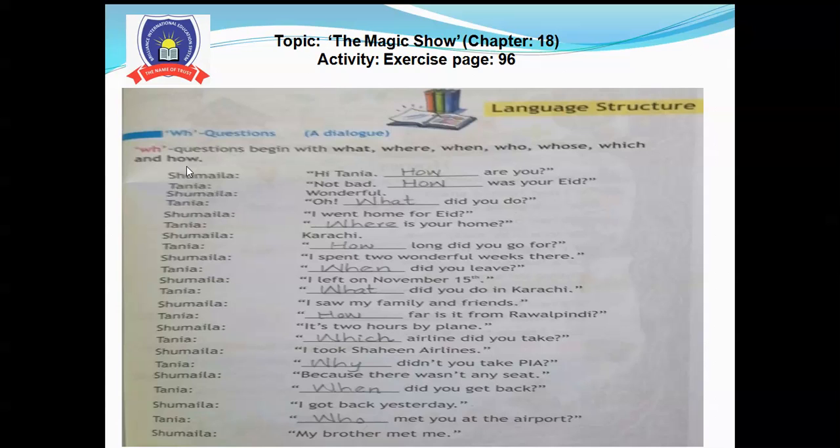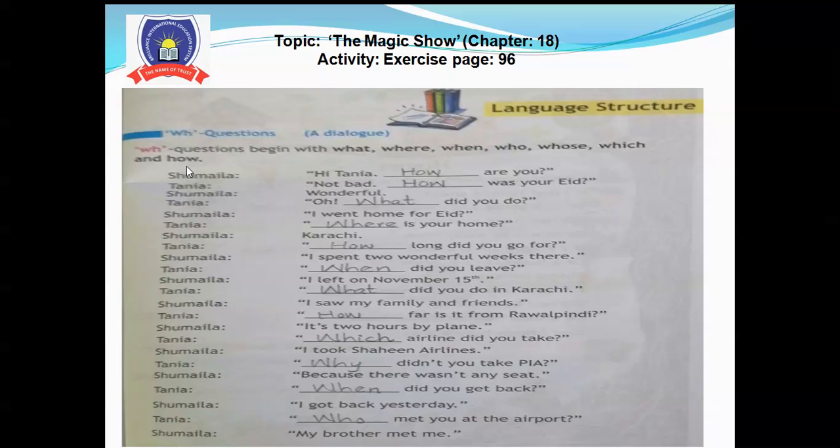WHEN, when did you leave? Shumaila: I left on November 15th. Tanya: What did you do in Karachi? WHAT, what did you do in Karachi?